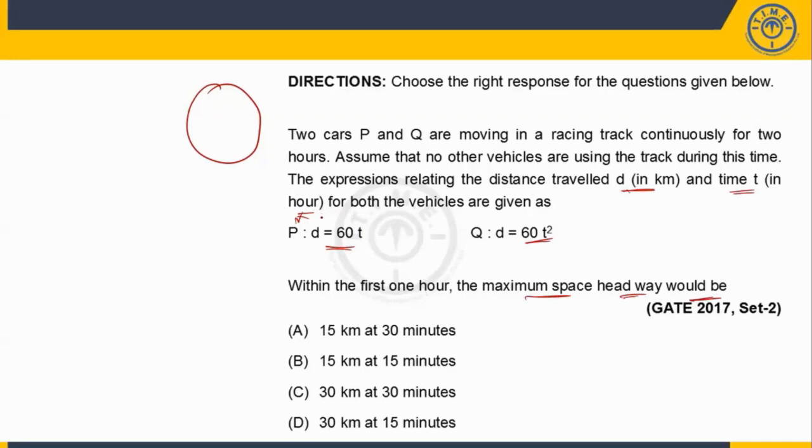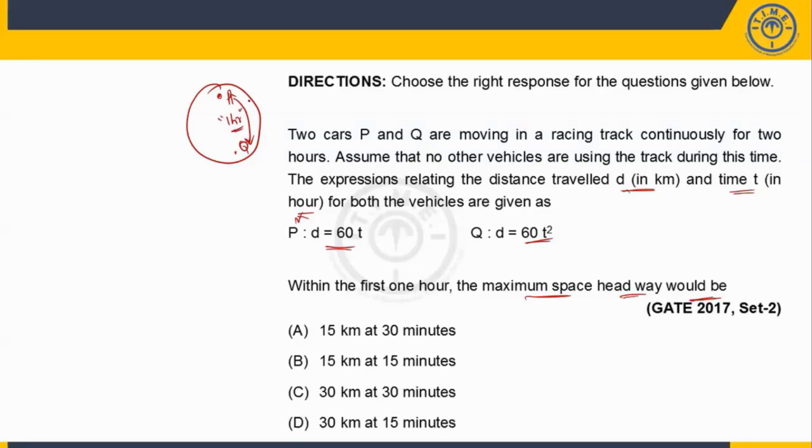t is in hours. He is asking us the maximum space headway. That is, if there is a car P here, car Q here, what is the maximum space that can be between both the cars in the first 1 hour?